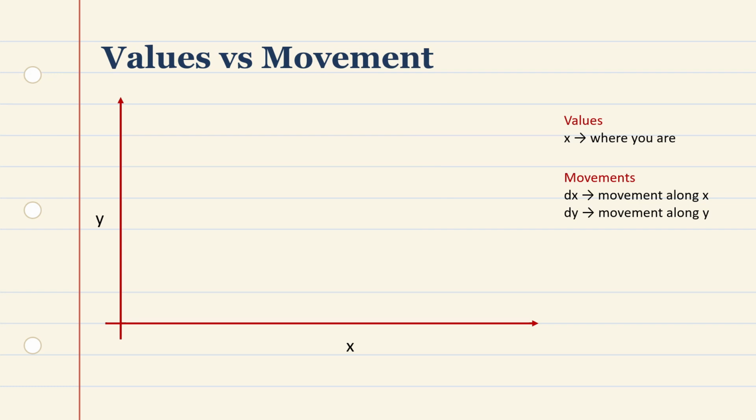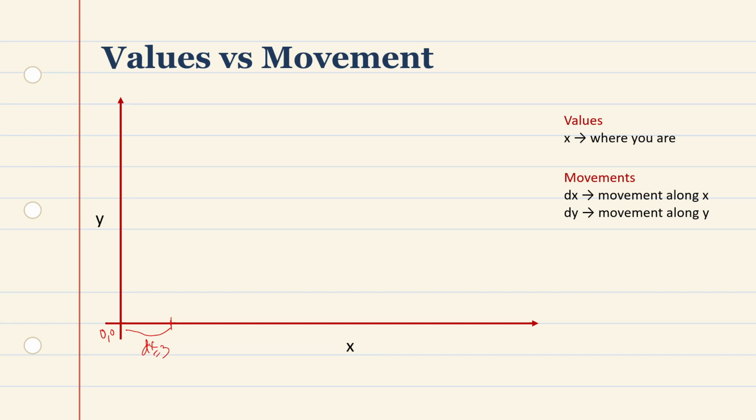Let's look at this. We have in front of us x and y axes. So x is our value. Initially, this value is on this axis at 0, 0. We're going to make a movement in the x direction by dx, let's say this dx is 3. So we moved by 3 units in the x direction.